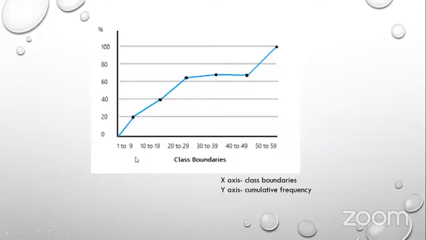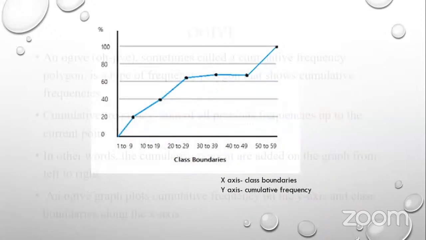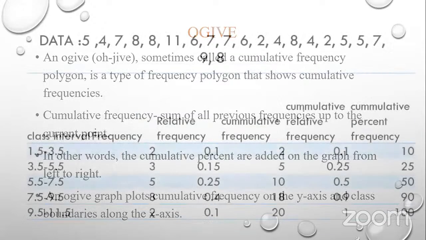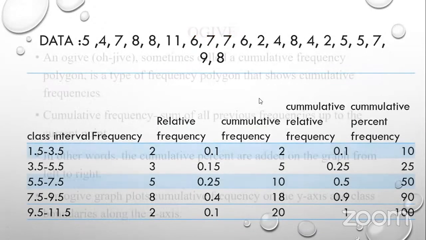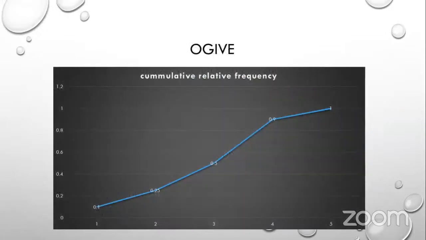So this is just an example. I will show you how with this particular data we can draw the ogive. So this is the ogive of the data. You can see the 0.1, 0.25, 0.5, 0.9. This is the class boundary, and here we will take the percentage.